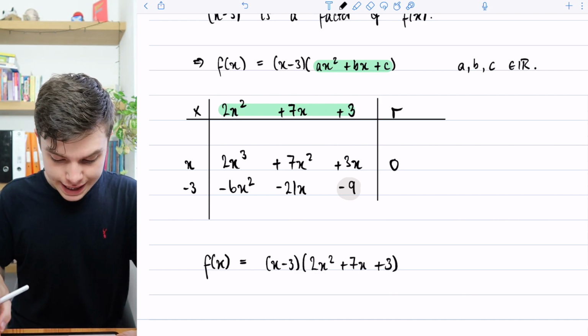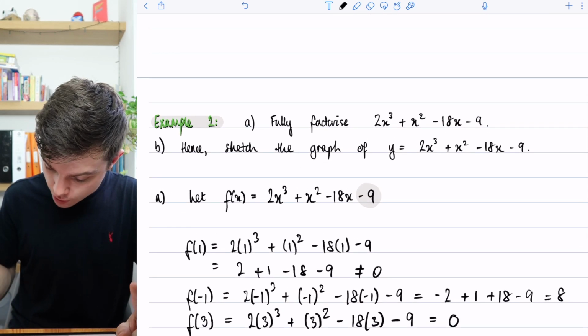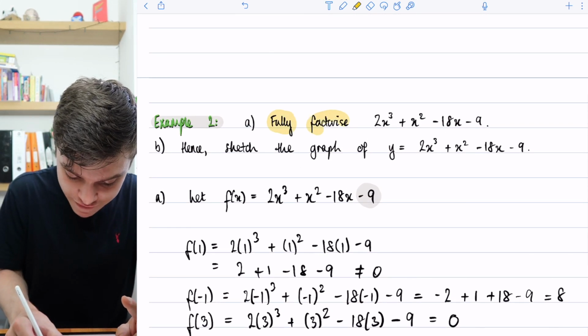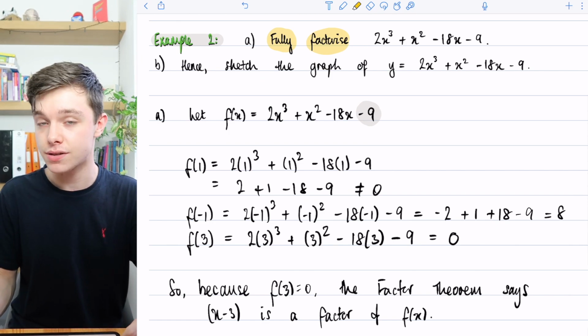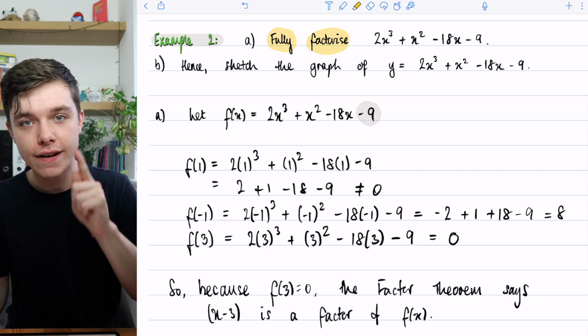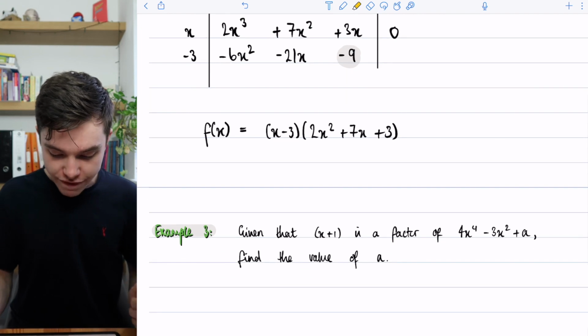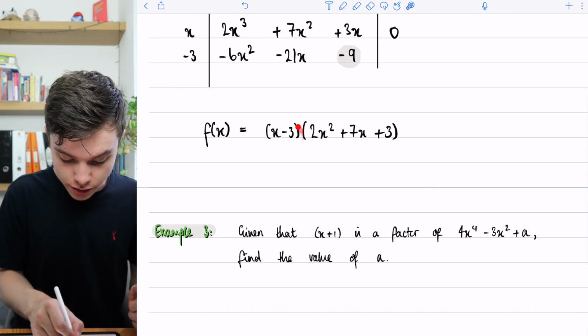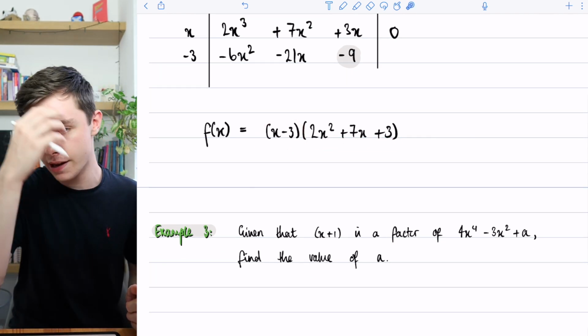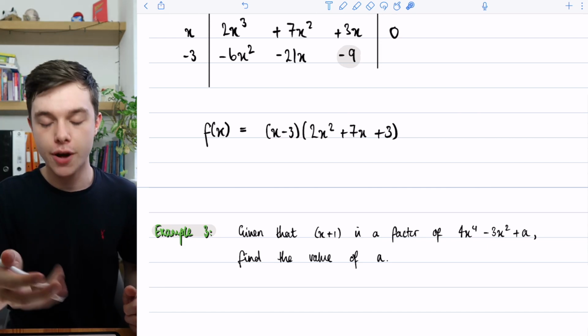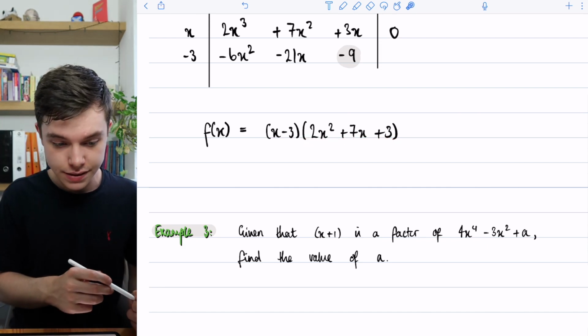Okay, and it says a key word in the question. It says fully factorize. So we have factorized, but we haven't fully factorized, okay? We've factorized because we have a linear times a quadratic, but we can go one step further. We can factorize this quadratic.